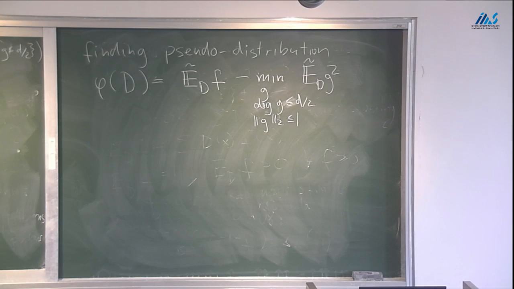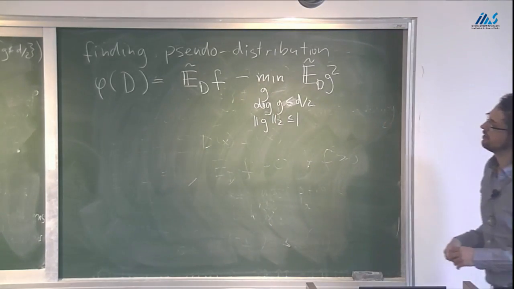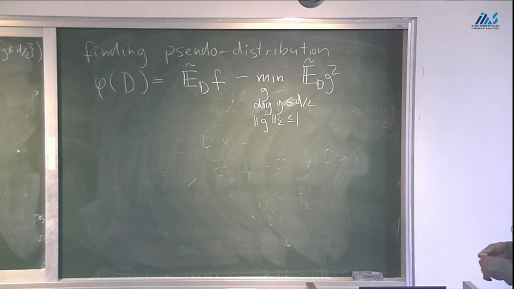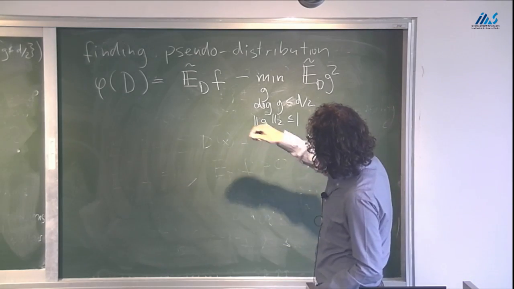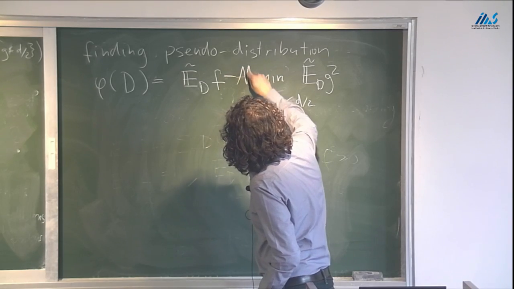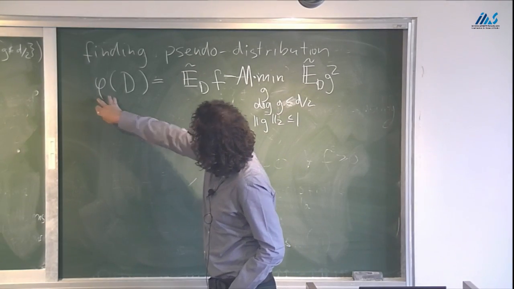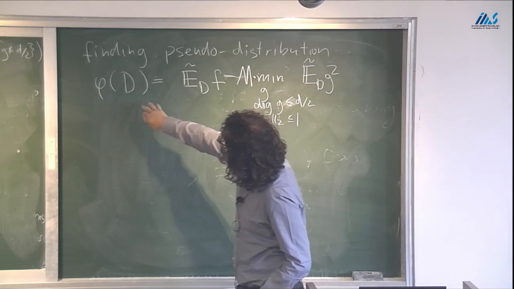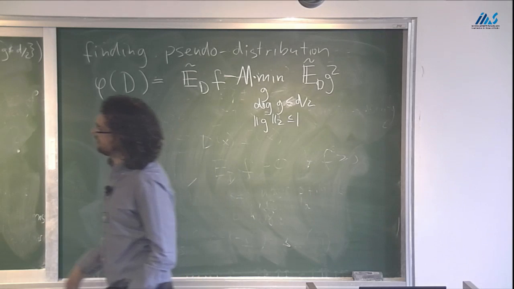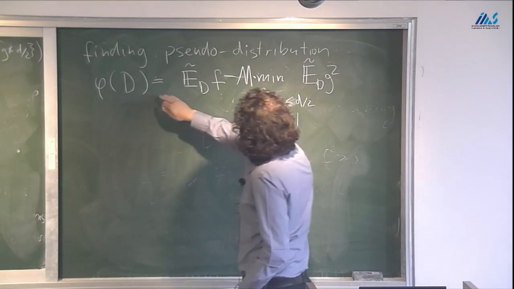Yes, exactly. In some sense it's solving a semidefinite program, but it's a simple one, and you can almost see directly how things work. If you look at this function, phi of d, the claim is that if d is a pseudo-distribution that satisfies these conditions, then phi of d would be negative.